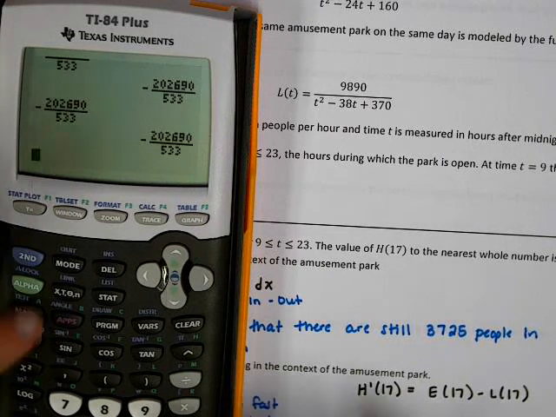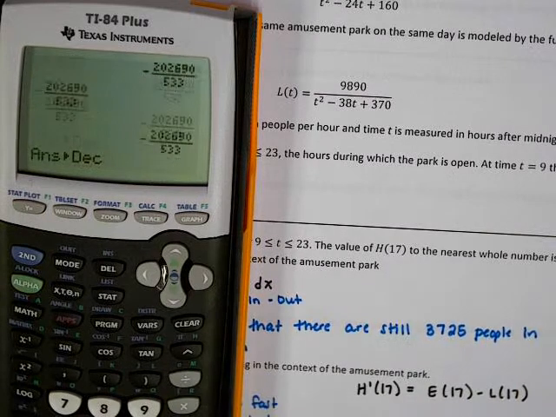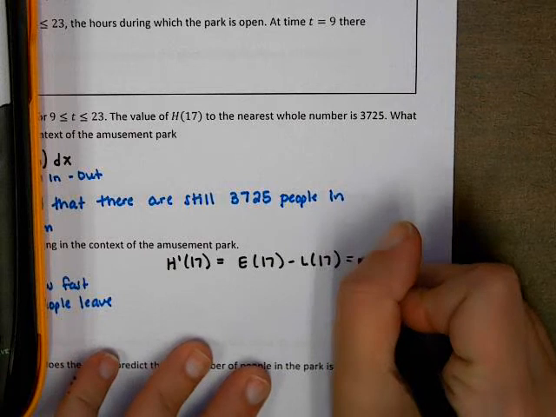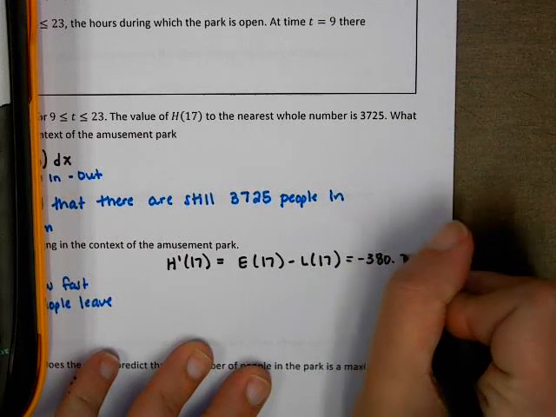Math, make it a decimal. Okay, I got negative 380.281.